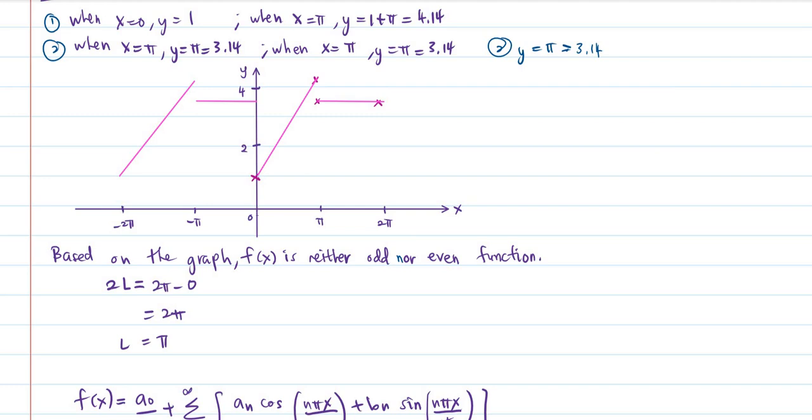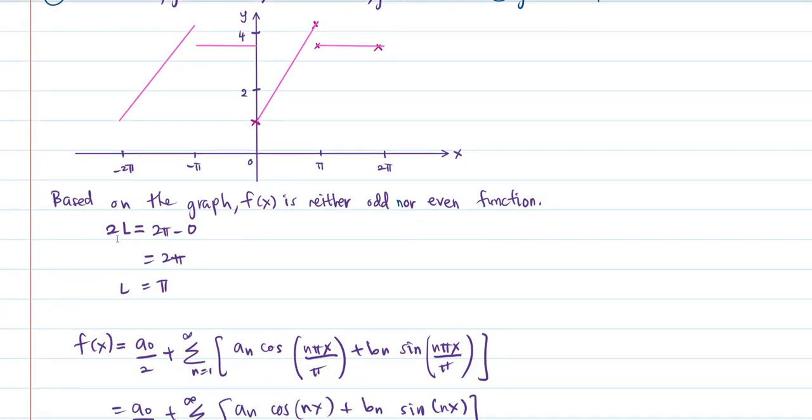If it were, when you have the graph on the first quarter, the reflection for an odd function should be on the third quarter. And it is not an even function either, because it is not symmetric at the y-axis. If it were, this line should be like this. So this is neither an even function nor an odd function.